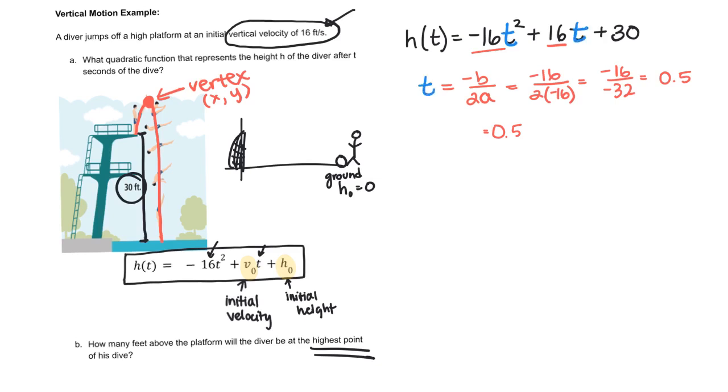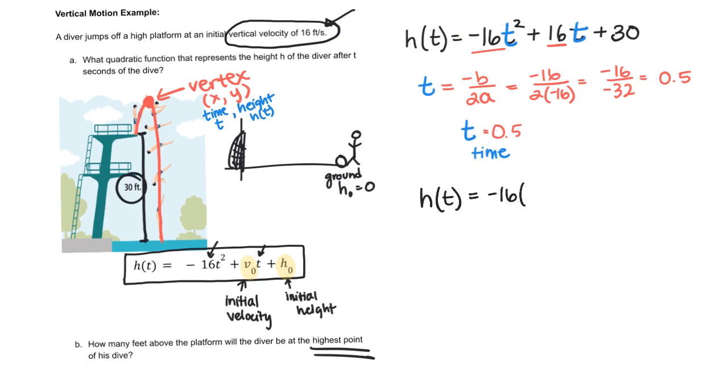So what we really found was the time it took for that diver to get up to its maximum height. So x is really our time, or t. The y is going to represent the height, or h of t. Anytime we know the x, we can plug it into the equation in order to find the y, or in this case, to find the h.